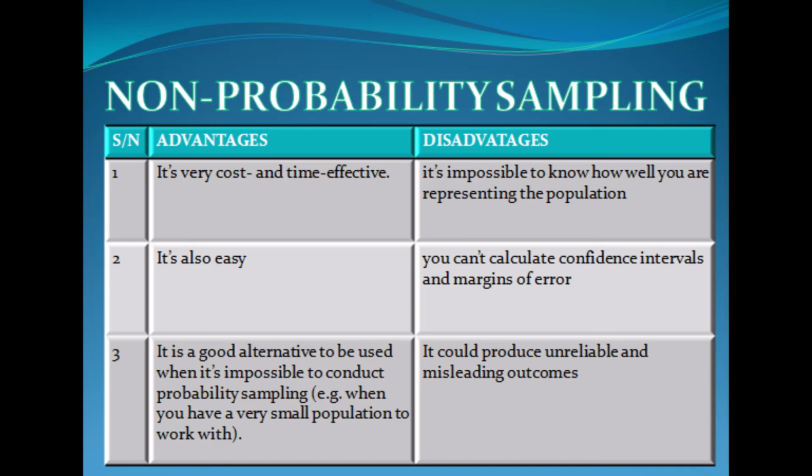On the flip side, the major disadvantage of non-probability sampling is that it is impossible to know how well your sample is representing the population.